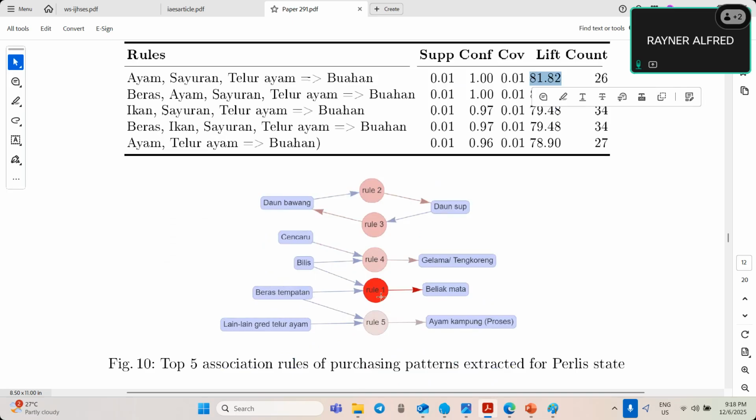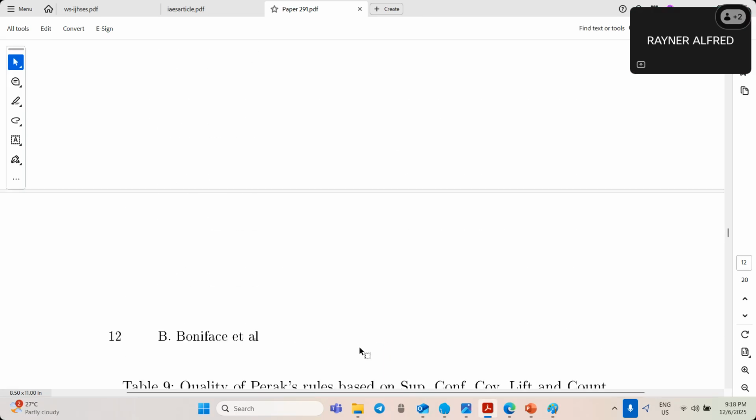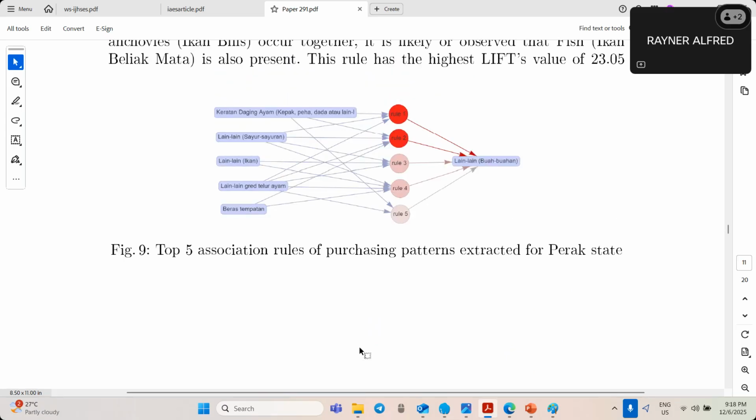So rule number 1 saying that, where is my ayam? Ayam. I think this one.